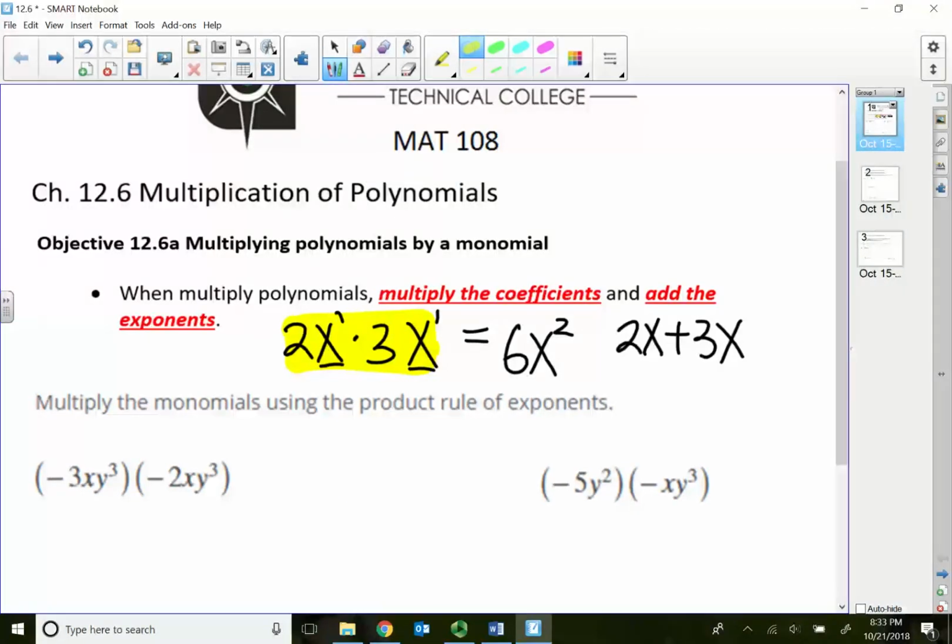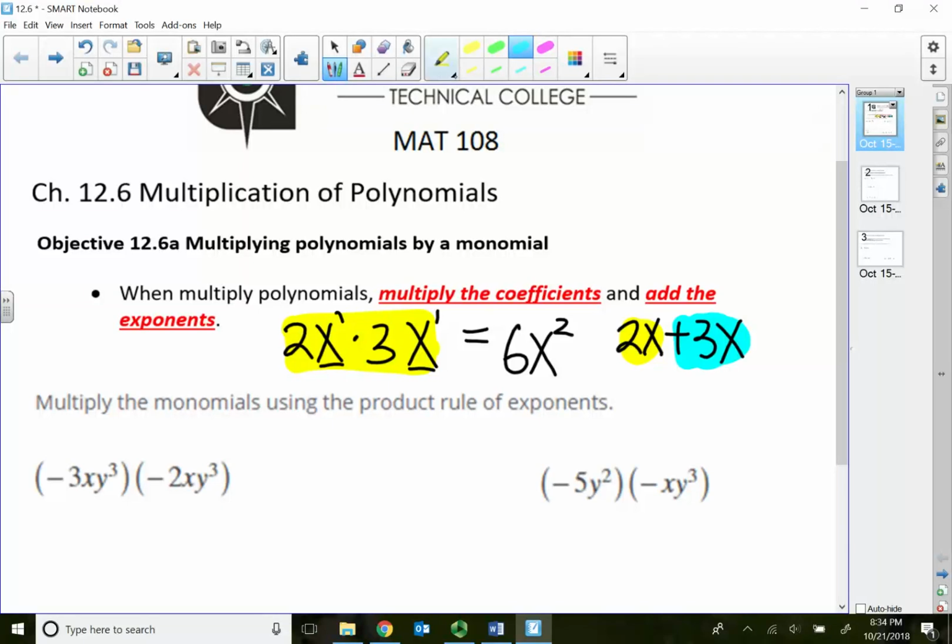two different terms. So I no longer have x times x. I'm not trying to multiply my x's where I have to use the product rule and add the exponents. That's not what we're doing here. This is not one term.